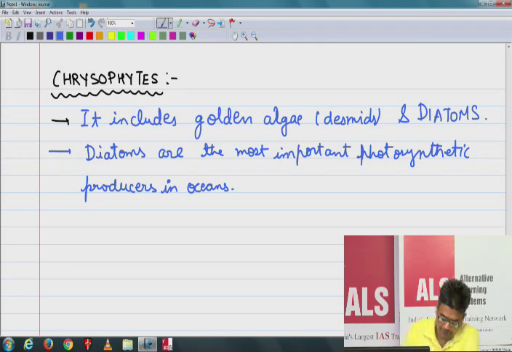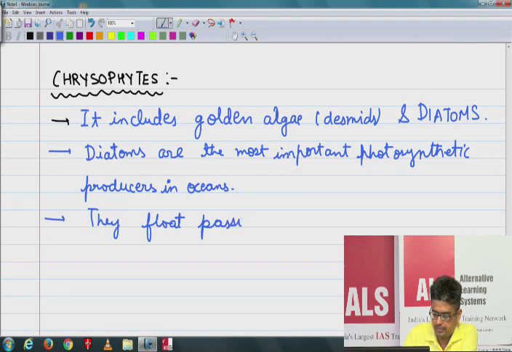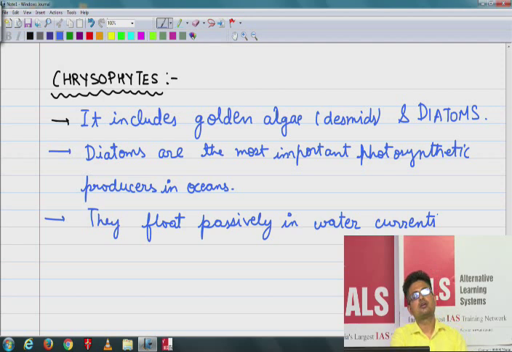So you can write: they float passively in water currents. Okay? They float passively in water currents.